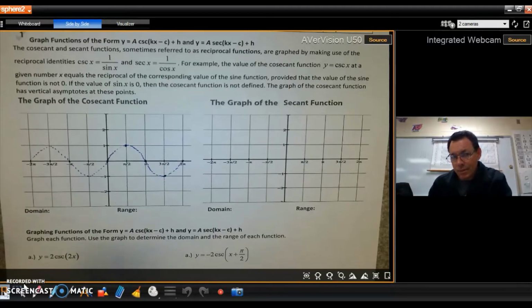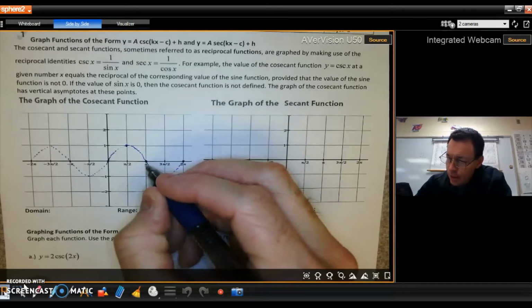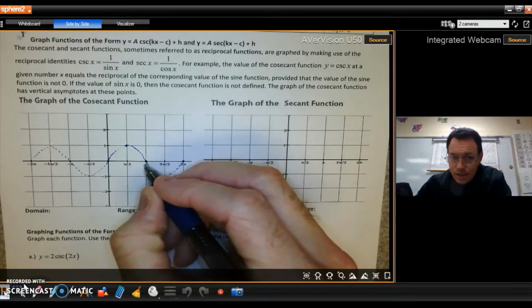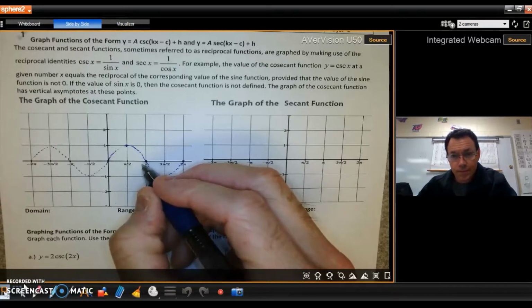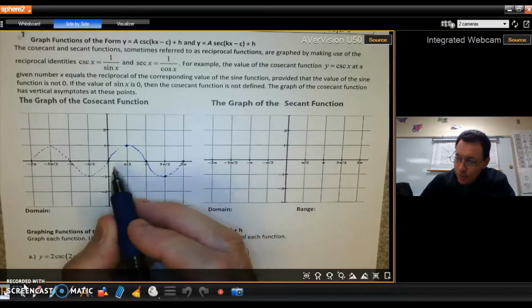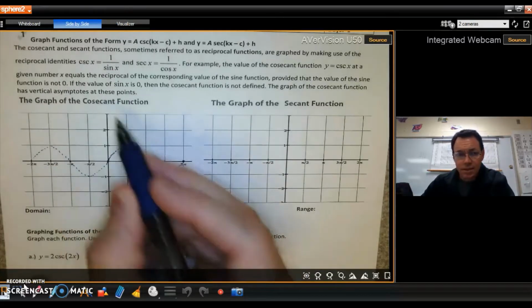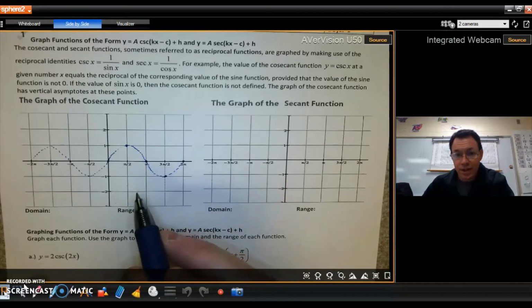Okay, so what does that mean? Well, let's look at a few specific points here. For example, right here we have a sine value of 0. So what's the reciprocal of 0? Well, that's undefined. So every place that we cross the x-axis, the cosecant of that angle is undefined.